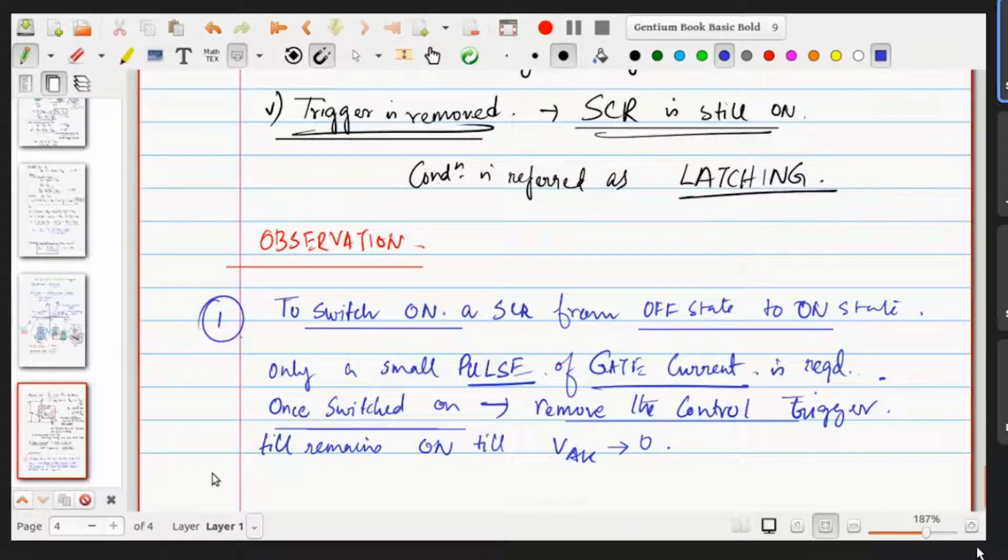And the other case: there is no gate current, I don't have any control at the initial point. What we can do is make the voltage from anode to cathode sufficiently large.